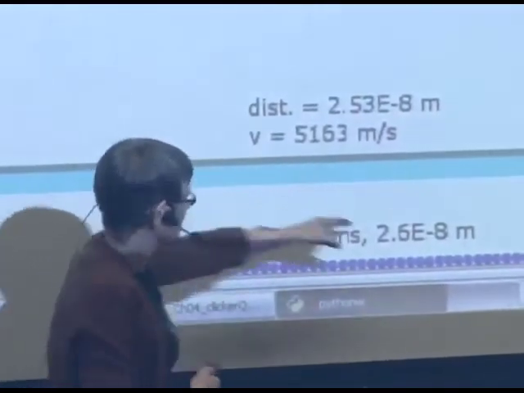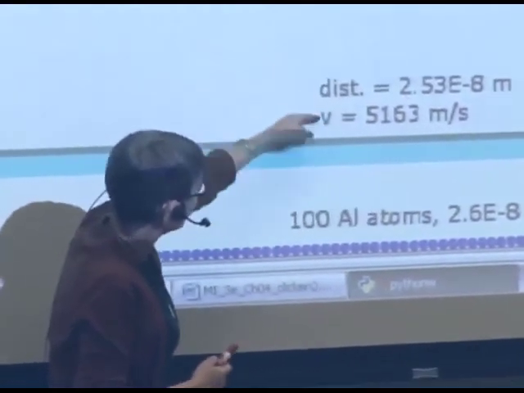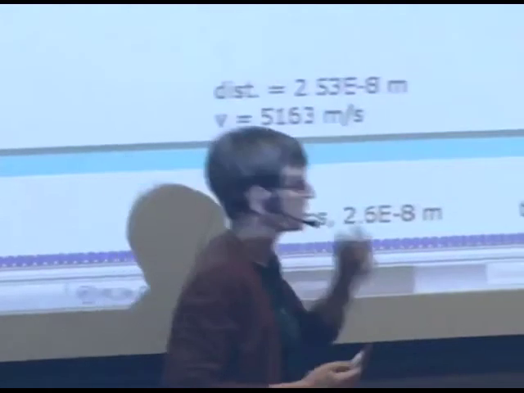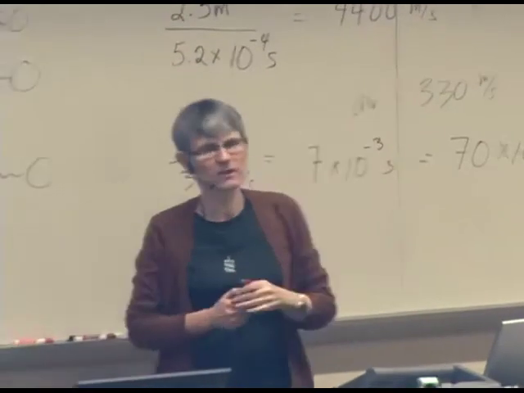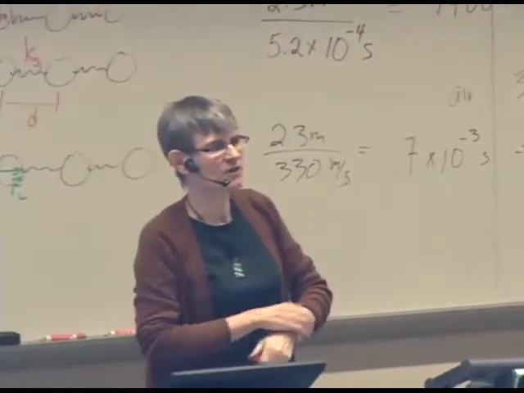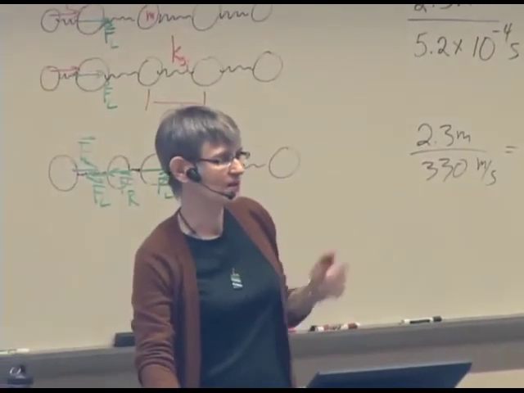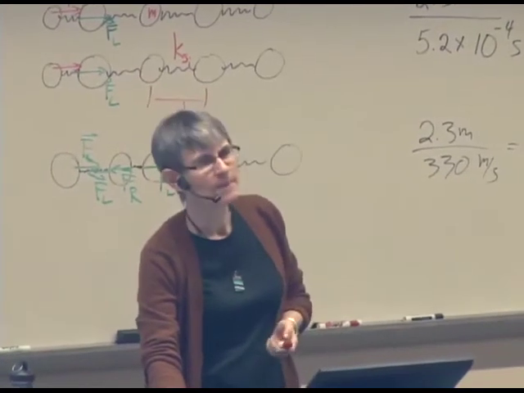The total distance, all these atoms together, was 2.5 times 10 to the minus 8 meters. And so we divide and we find that the speed that we predict is about 5,000 meters per second. Now, a typical measurement of the speed of sound in aluminum, a more accurate measurement than we did, is around 4,800 meters per second. So that's not a bad prediction, actually. With our model, we're in the right ballpark.